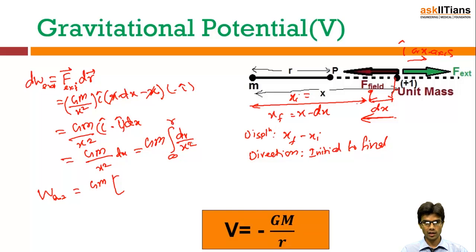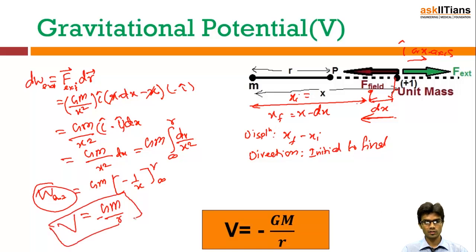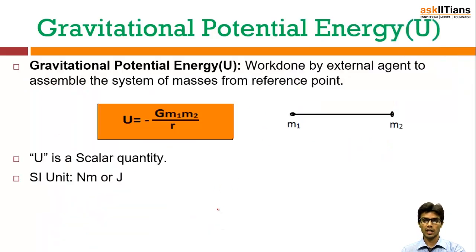The integration of dx by x square is minus 1 by x, so from infinity to r this gives G m by r with a negative sign, and this work W external can be written as V. This is how we can find the gravitational potential at a point: V is equal to minus G m by r.